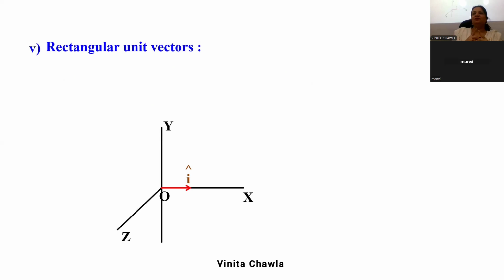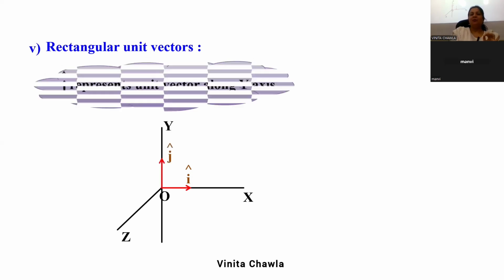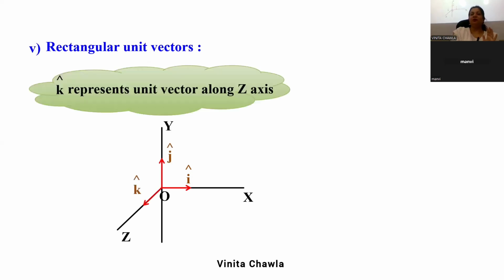Along the y-axis, which vector do we consider as unit vector? j cap, and along the z-axis, it is k cap. So i cap represents the unit vector along the x-axis, j cap along the y-axis, and k cap along the z-axis.